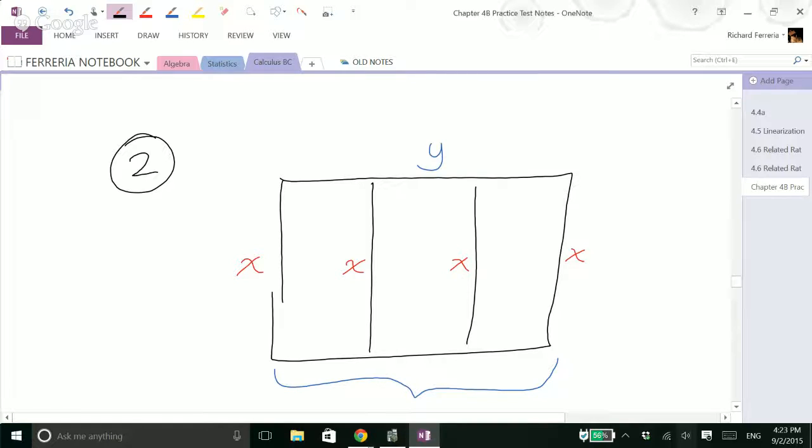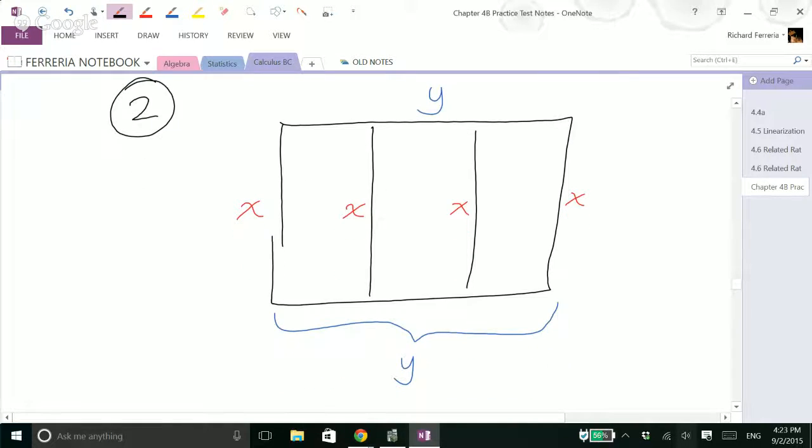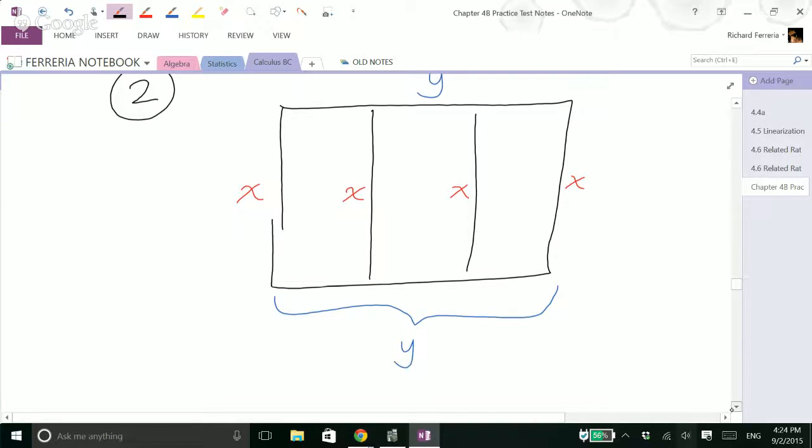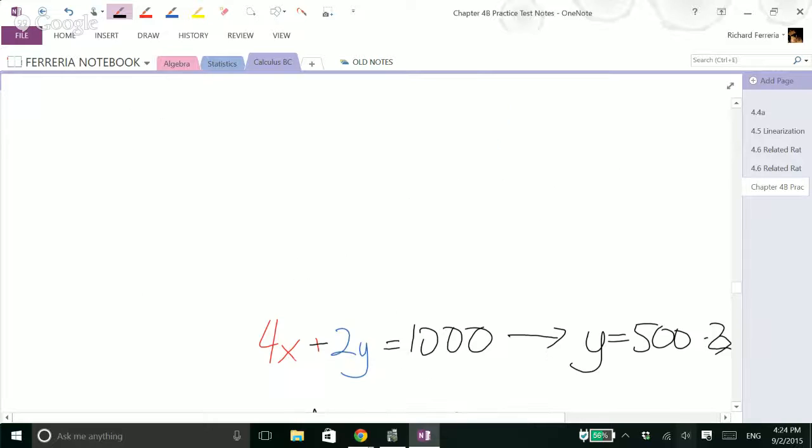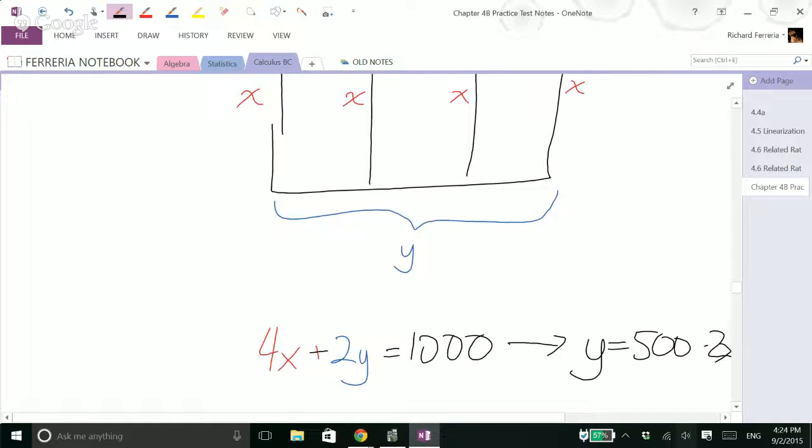You'll notice that we've labeled the horizontal side Y. So once you've done that, you can put all the lengths together and figure out exactly how much fencing you're going to need. There are 4 X's and there are 2 Y's. So 4X plus 2Y is going to be your fencing amount. And that fencing amount is constrained. It has to be 1,000.